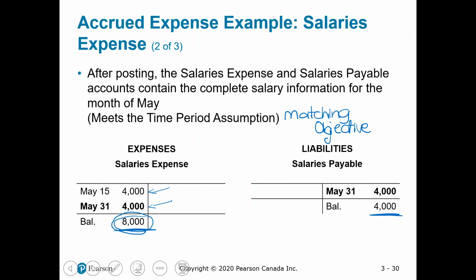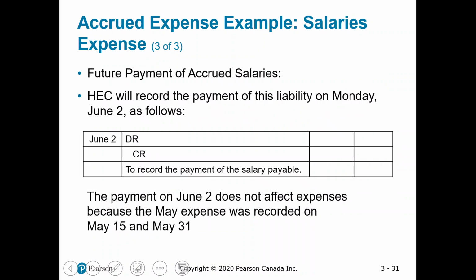Okay. So next, let's think about what happens when they actually pay this amount. So June 2nd is the Monday. These employees come into work that day and they actually get their paycheck. So we're going to debit what account? Right, we will debit salaries payable.